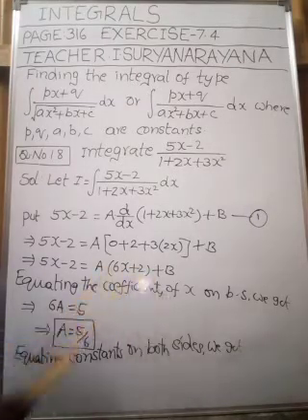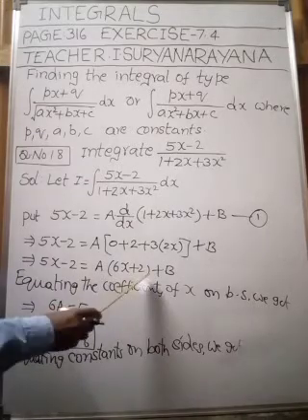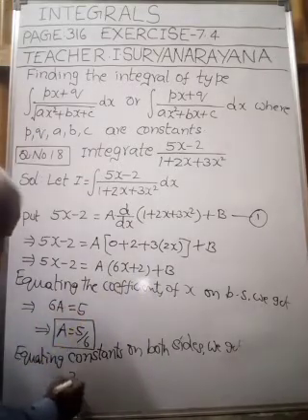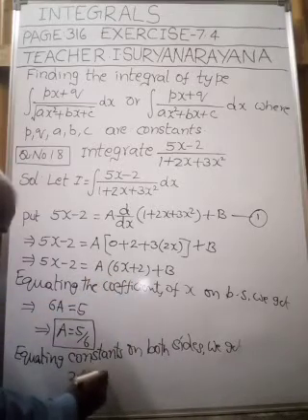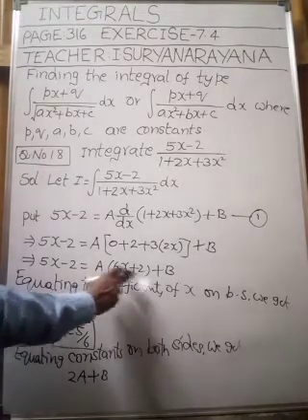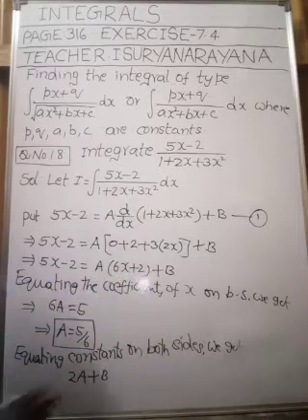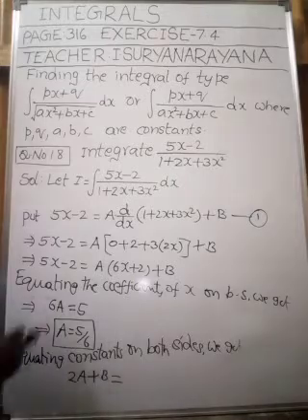What will you get? 2a. There is no x term. Because there is no x term, it is said to be constant term. So 2a. Understood, my dear children? Plus b. This is also constant term because there is no variable. So it is said to be constant term. So 2a plus b. In RHS we get constant term is 2a plus b is equal to, come to LHS.